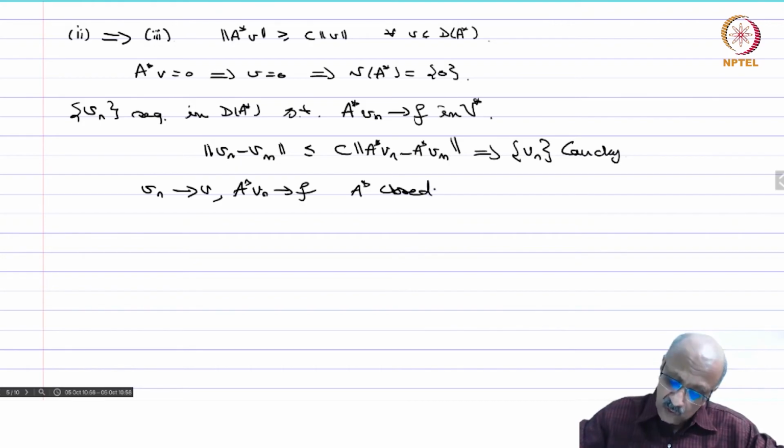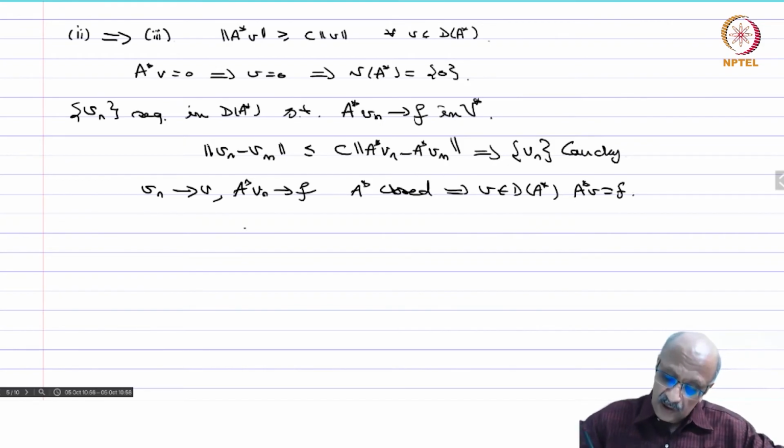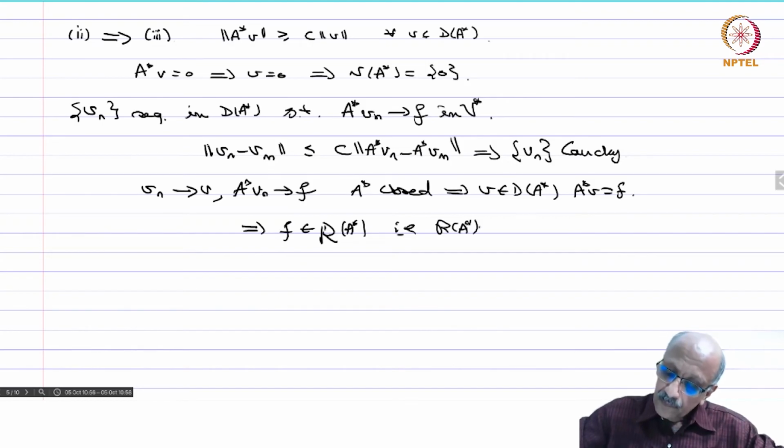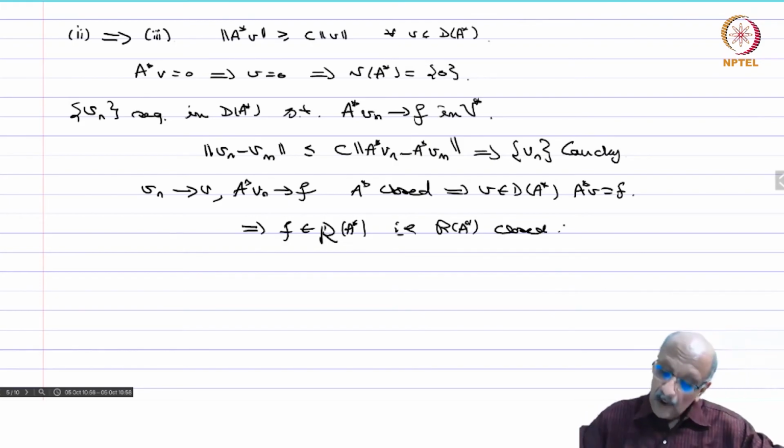This is always true, and therefore this implies that V belongs to D(A star) and A star V equals F. Therefore, if A star Vn goes to some F, F is equal to A star V, so this implies F belongs to the range of A star, that is range of A star is closed. So this proves 3 completely.